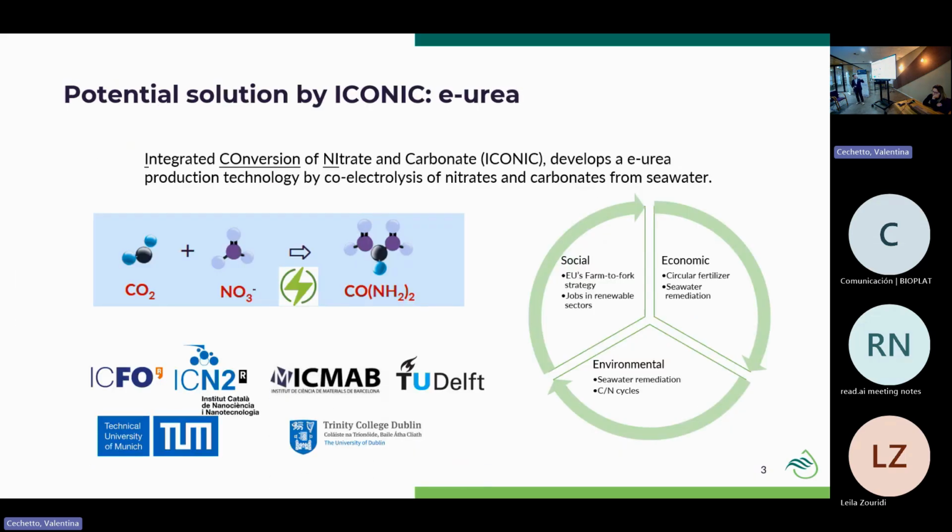ICONIC stands for integrated conversion of nitrate and carbonate. We develop a urea production technology, CO2 plus nitrate to urea product, and we try to reach social, economic, and environmental benefits.